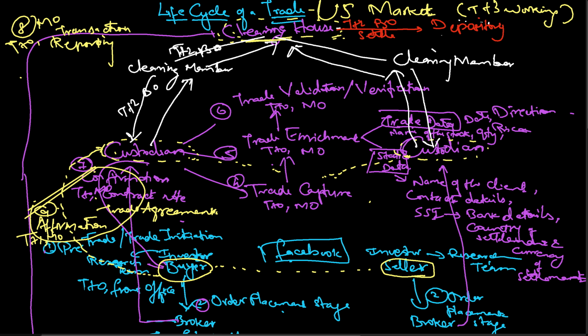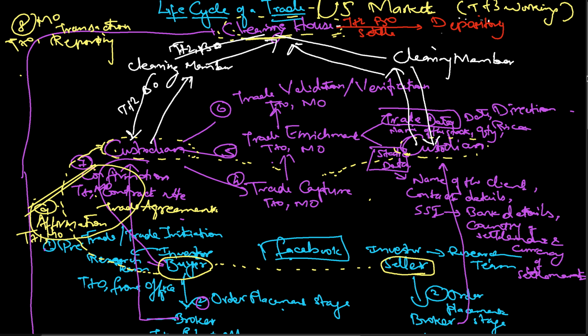So if I have to give numbers, so this is 8, 9, so let me give the number as 10th step over here. 10th is all about clearing. Then I'll make this 11th one, which is about settlement instructions.